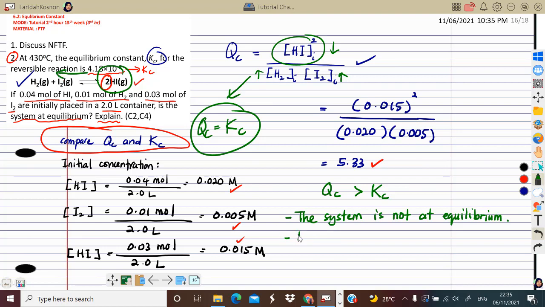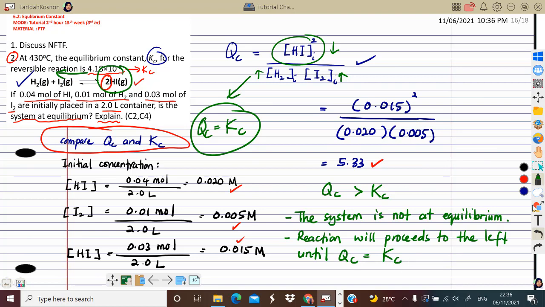Okay. Reaction will proceed to the left. Maksudnya, reverse reaction favor untuk berlaku sampailah until QC equals to KC.